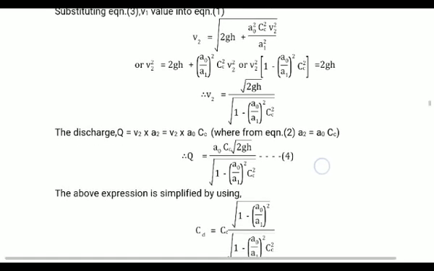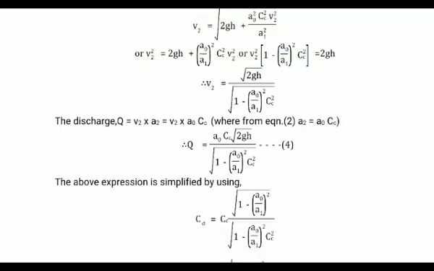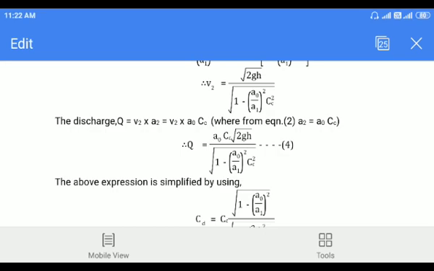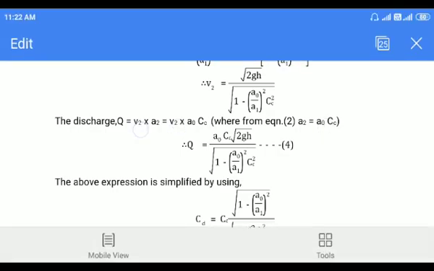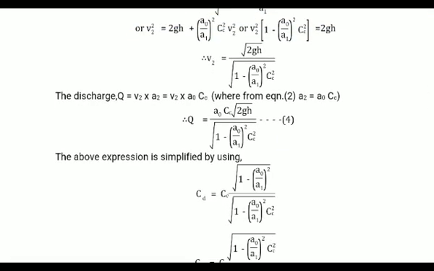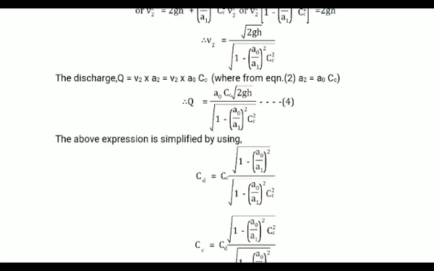But the discharge Q is equal to V2 A2, which is V2 into A0 Cc, where we have taken A2 from equation 2. Now in place of V2 I can replace this value here. So Q is equal to A0 into Cc into this expression.